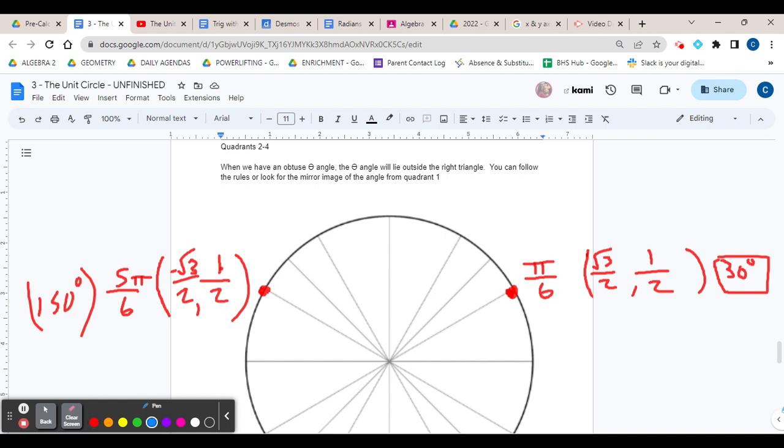Here at our pi over 4, which is our 45-degree angle, and I'm not going to write it in degrees. Y'all can kind of figure it out. So we know at pi over 4, both x and y values were √2/2.